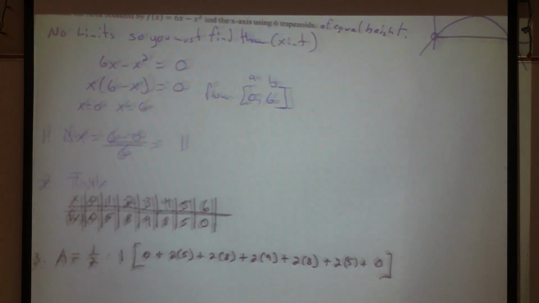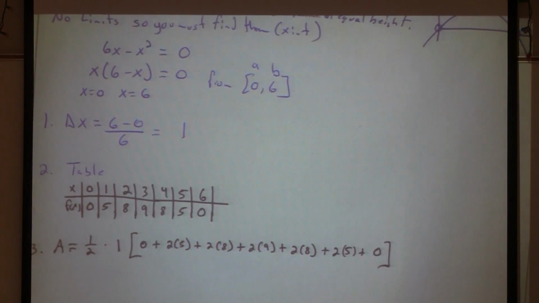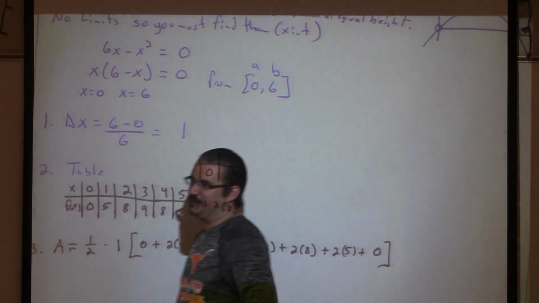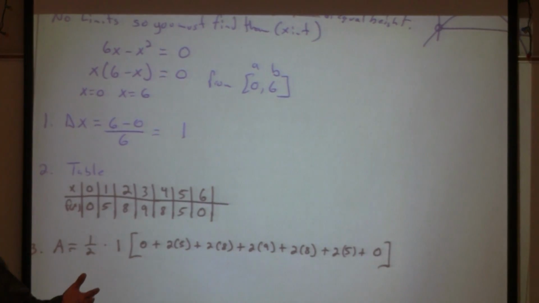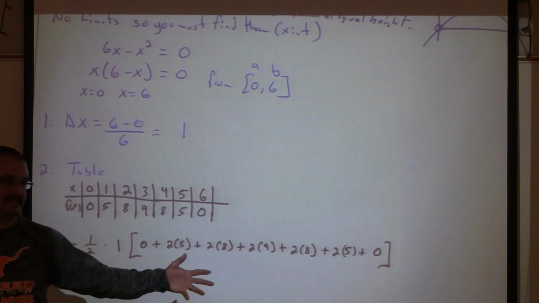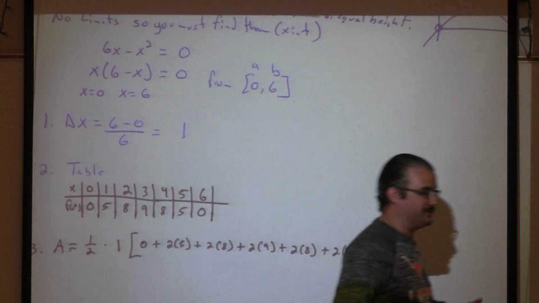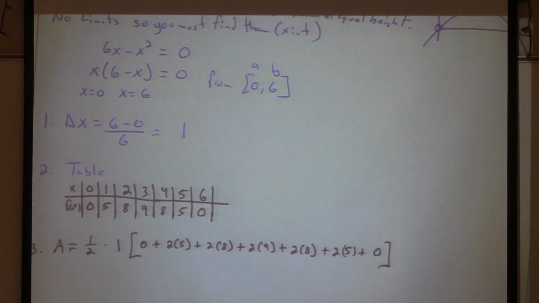No. Why not 2 times 0? We don't use the first one twice and we don't use the last one twice, right? Those two bases are not shared between two trapezoids.